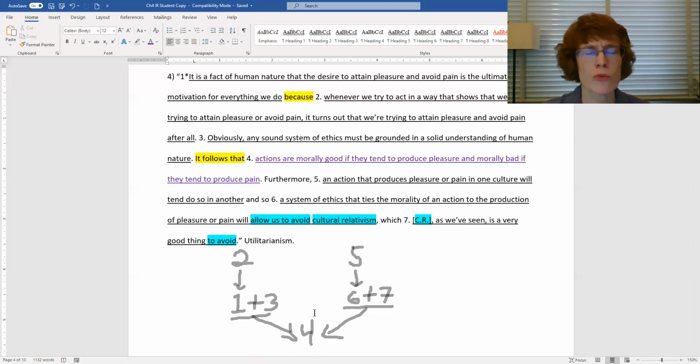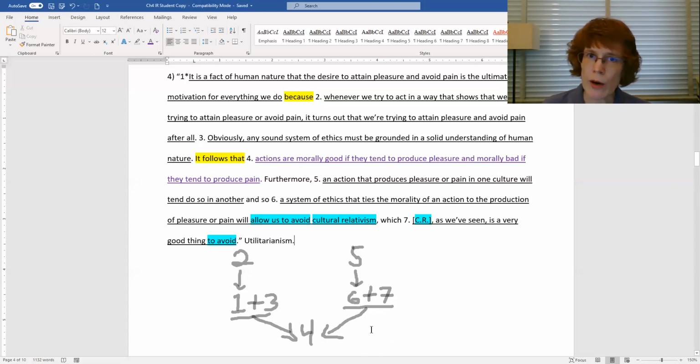So I think 3 is open to a challenge there. I will let you evaluate the line of reasoning over here on the right. There's nothing here that really kind of leaps out at me as something that we need to discuss. So here we have this line of reasoning. I add that line of reasoning.